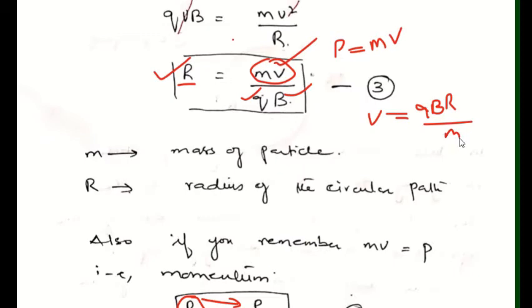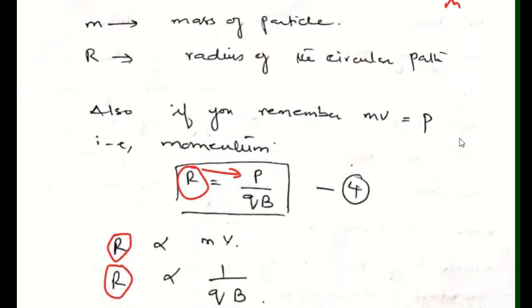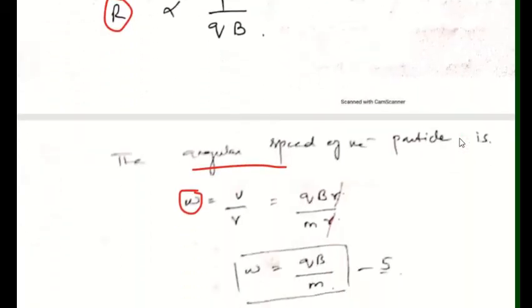So I can use this to find the angular speed. qBr over m divided by r, the r is cancelled, and I get omega equals qB over m. This is how you can easily find the angular speed.